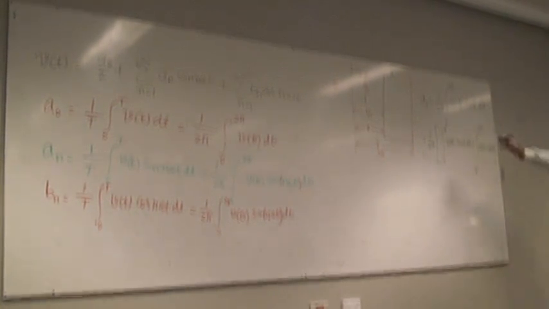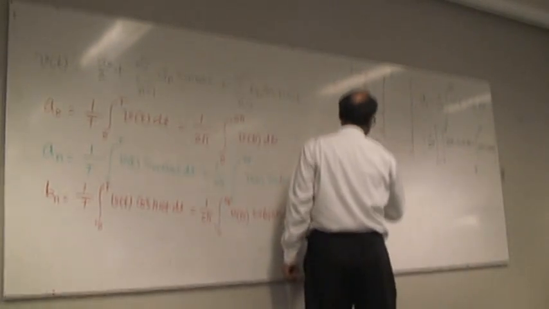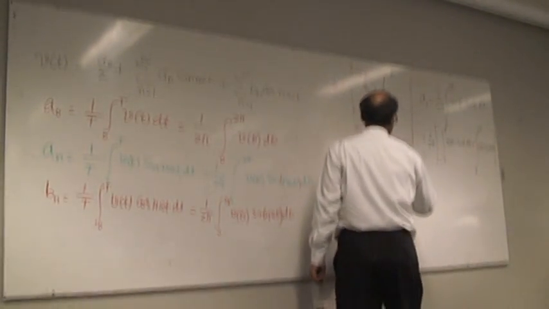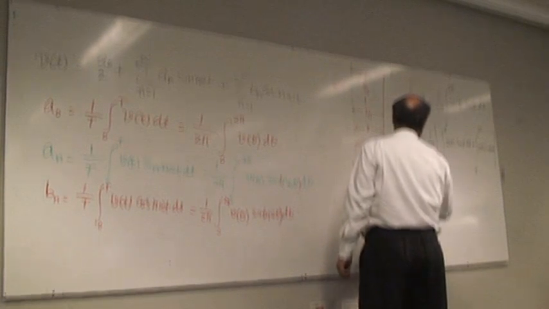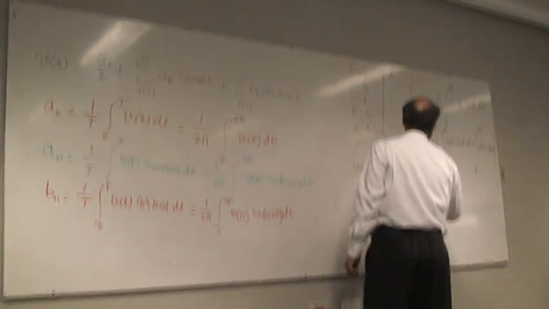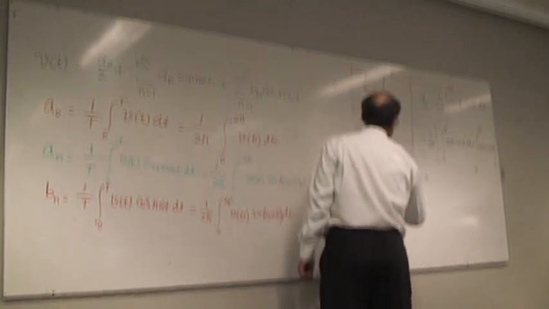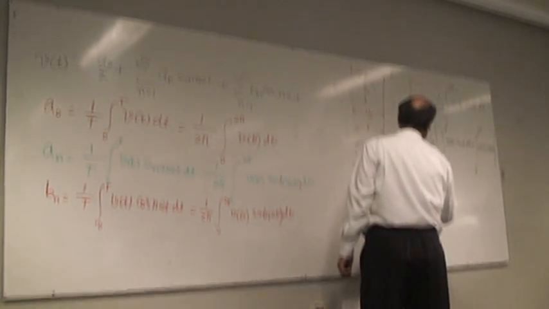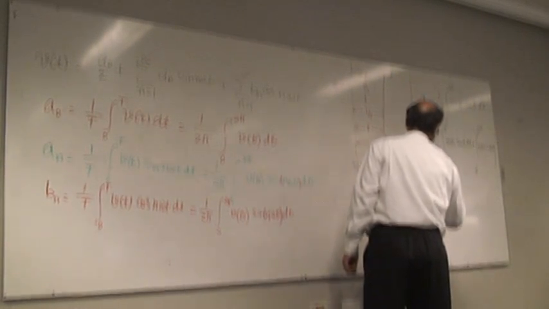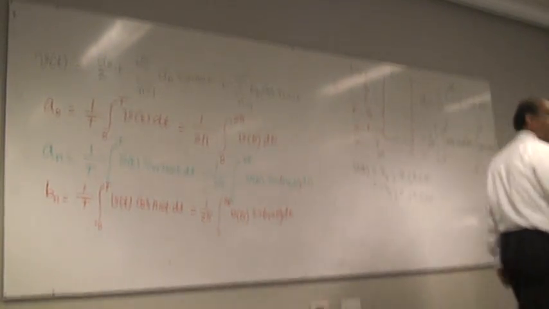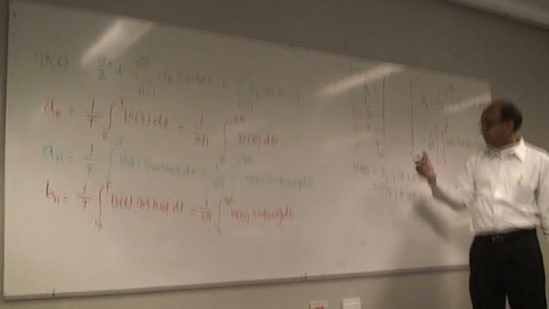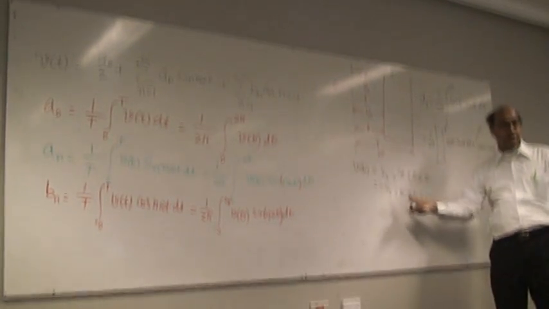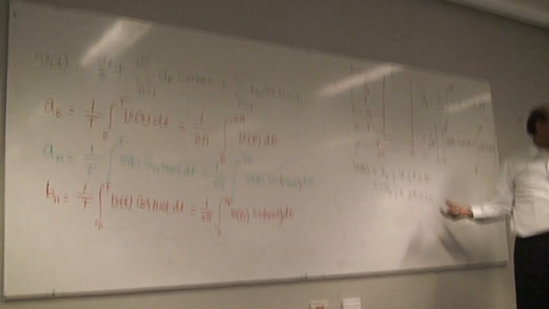This is because of the function, isn't it? Because the function is not continuous, function is plus Vs during the duration 0 to pi and minus Vs during the duration pi to 2 pi.